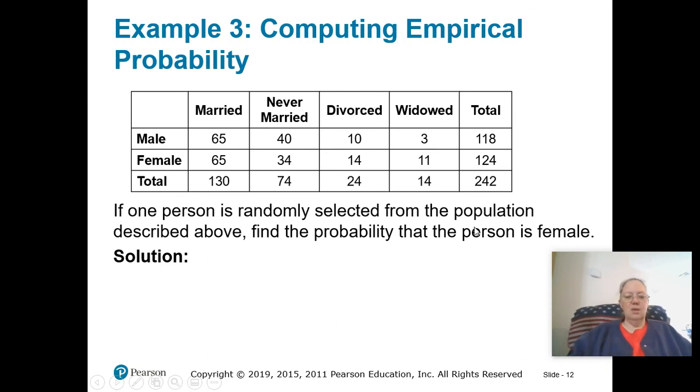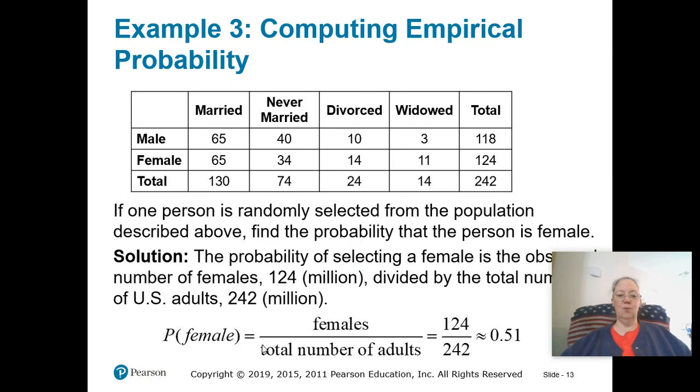The probability that you would be talking to a female would be 124 females out of a total population of 242. You would simplify that. I don't have a calculator handy, so I'm going to go to the next slide where it is calculated for me. It's approximately 0.51 or 51%.